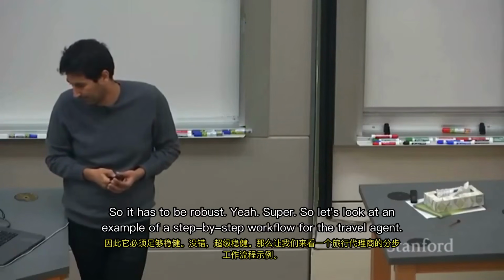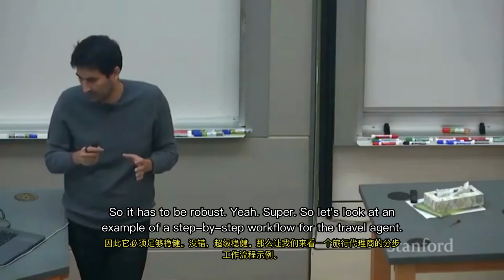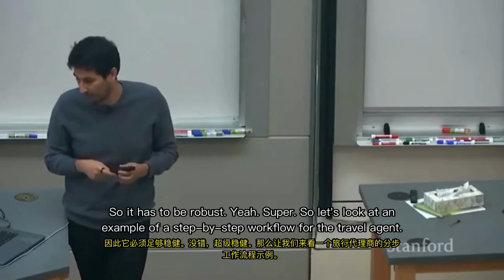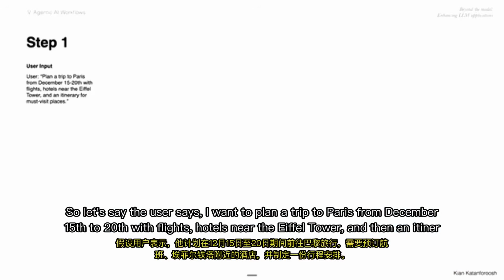Super. Let's look at an example of a step-by-step workflow for the travel agent. Let's say the user says, I want to plan a trip to Paris from December 15th to 20th with flights, hotels near the Eiffel Tower, and then an itinerary of must-visit places.